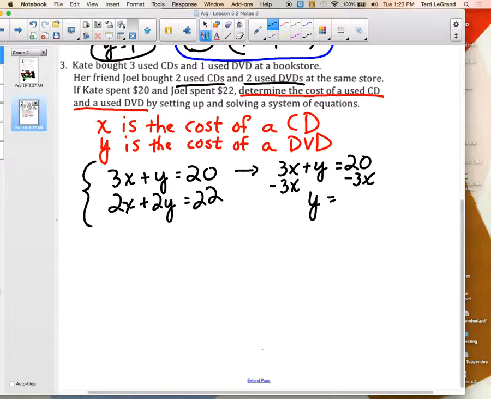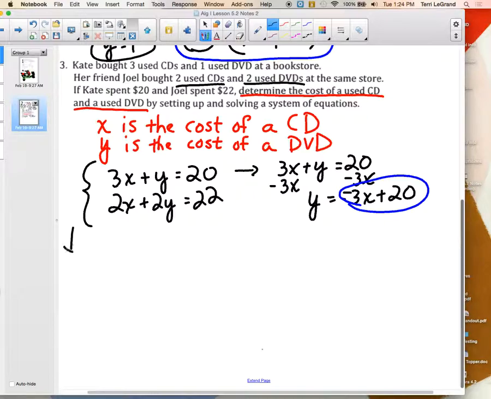I could leave it like that, or I could change it to negative 3x plus 20. It's totally your call. Okay, now we know that y in this problem is the same as negative 3x plus 20. So we can now go to work.